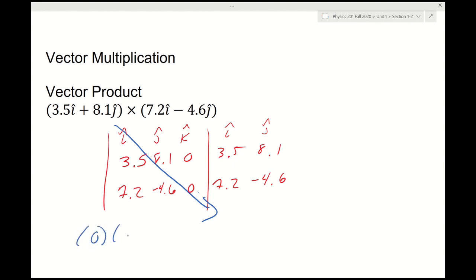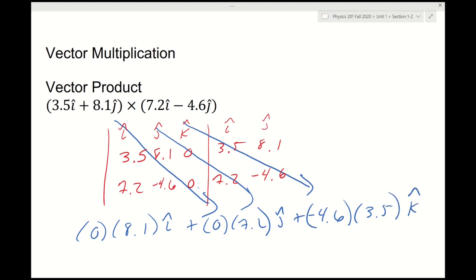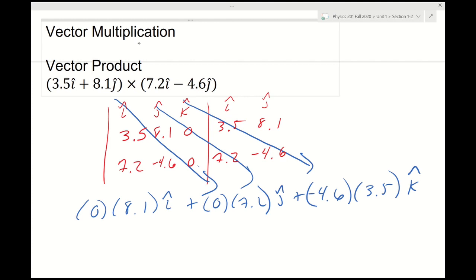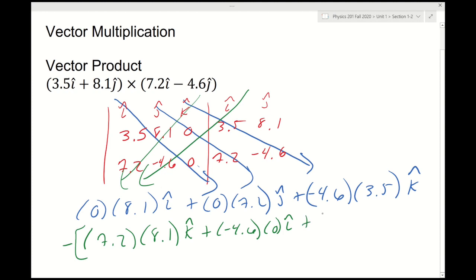So this gives me 0 times 8.1 i, 0 times 7.2 j, plus 3.5 times a negative 4.6 k, and I'm going to subtract from that 7.2 times 8.1 k plus a negative 4.6 times 0 i plus 0 times 3.5 j.